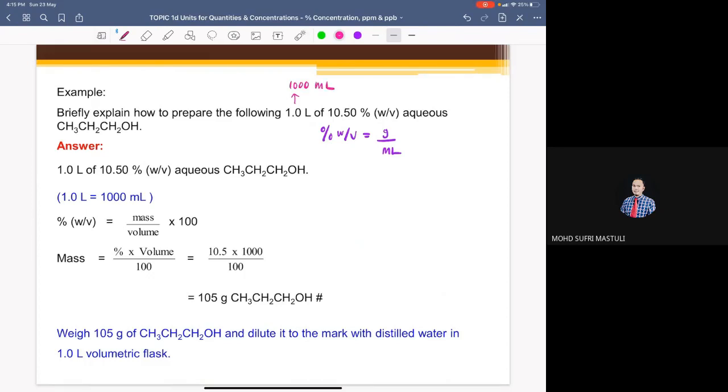The percentage weight per volume is given, and we are asked to calculate the number of gram, the mass required to prepare this 1 liter of 10.5% weight per volume. It is 10.5 times 1000 ml, and then you can get the answer.